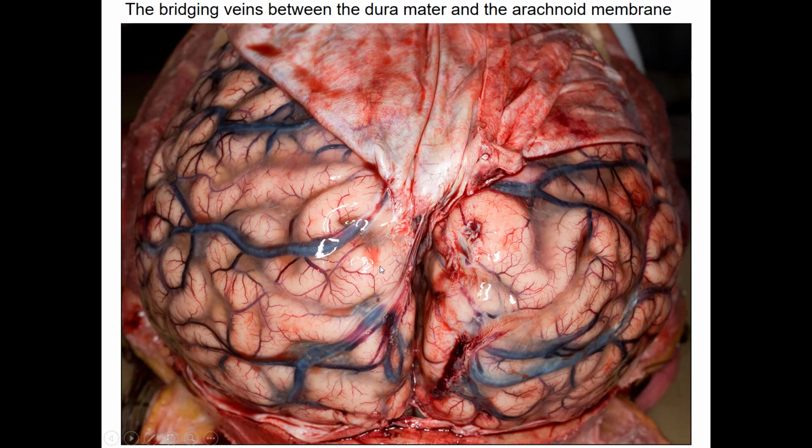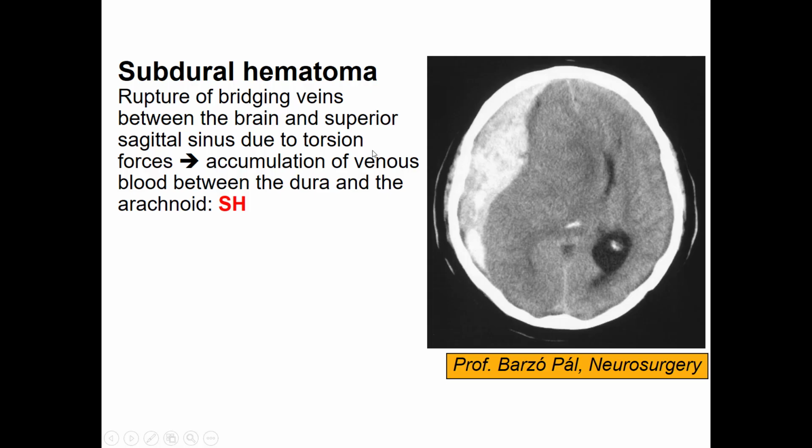And you can then understand quite clearly that if there is a movement of the brain, these connective veins can be torn, and this could be a source of a venous hemorrhage. And the subdural hematoma, as opposed to the epidural hematoma, is usually evolving relatively slowly, because this is a venous hemorrhage.